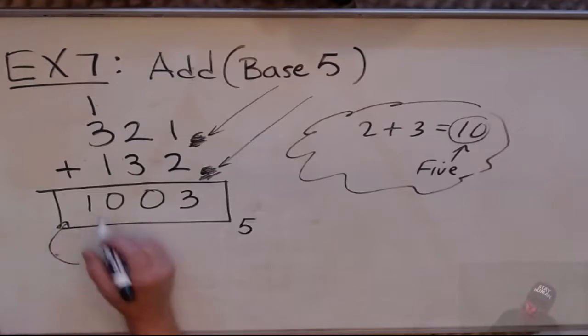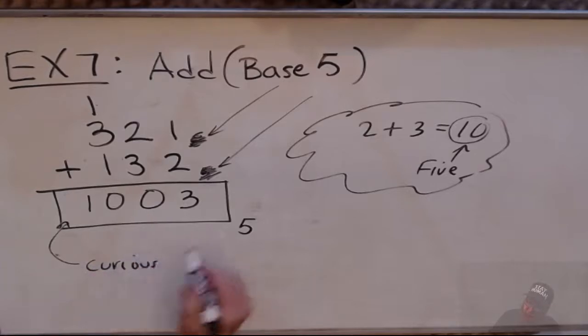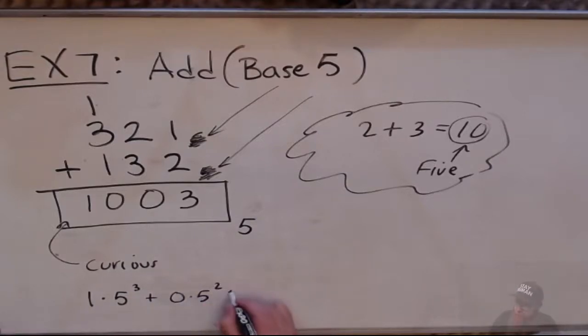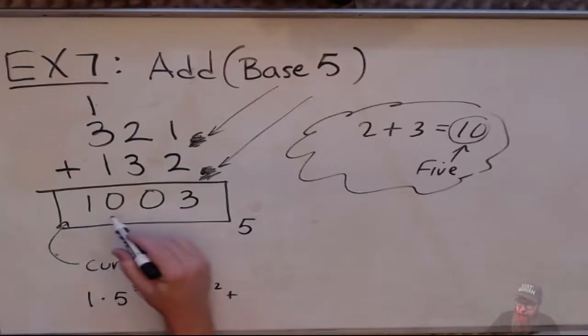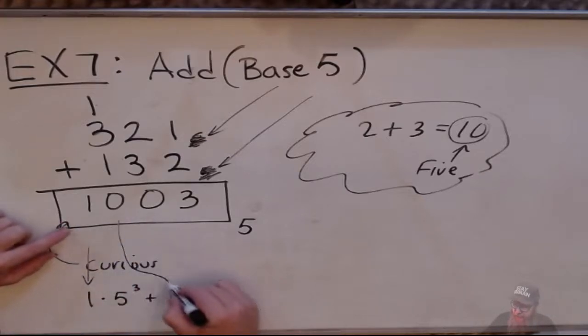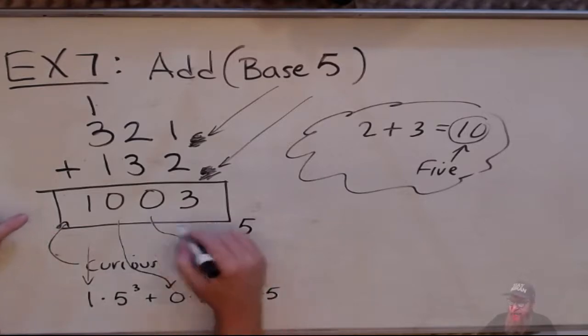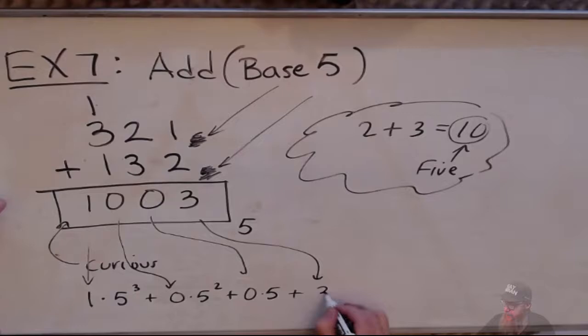Again, if you're curious what this means, write it out. It would be 1 times 5 to the third plus 0 times 5 squared plus another 0 times 5, and then plus 3.